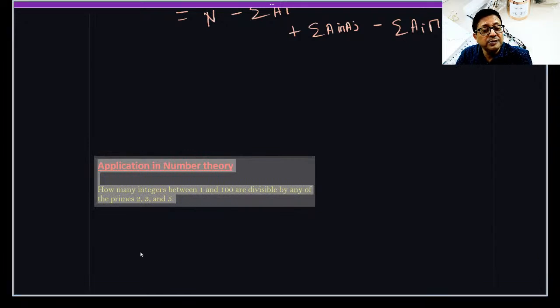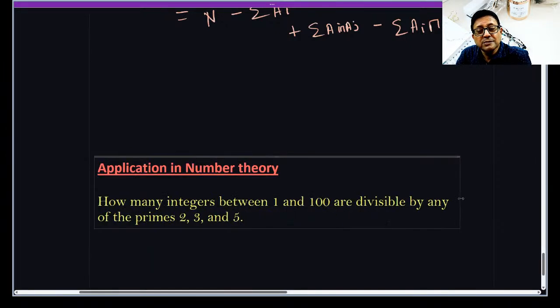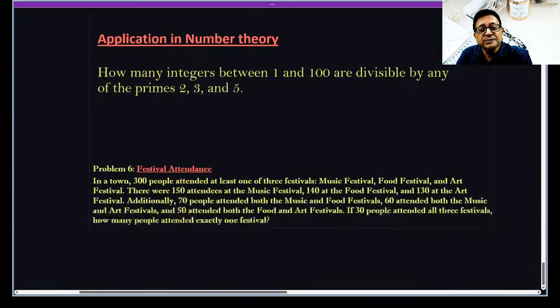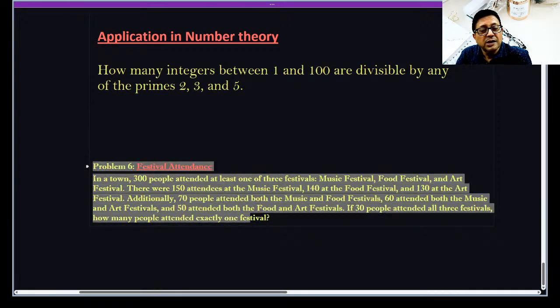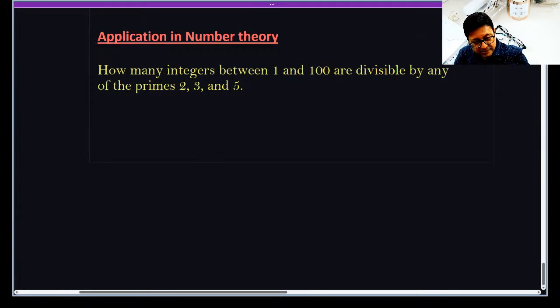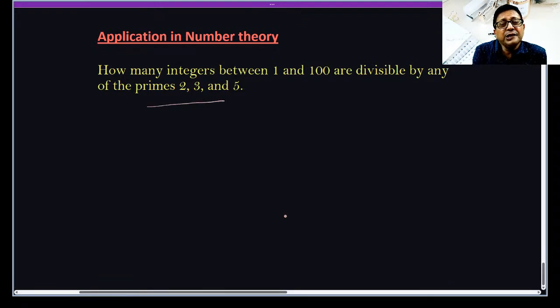I make it bigger for you. Yeah, read the question now. How many integers between 1 and 100 are divisible by any of the primes 2, 3 and 5? Okay? And how many are not divisible? How to find it?